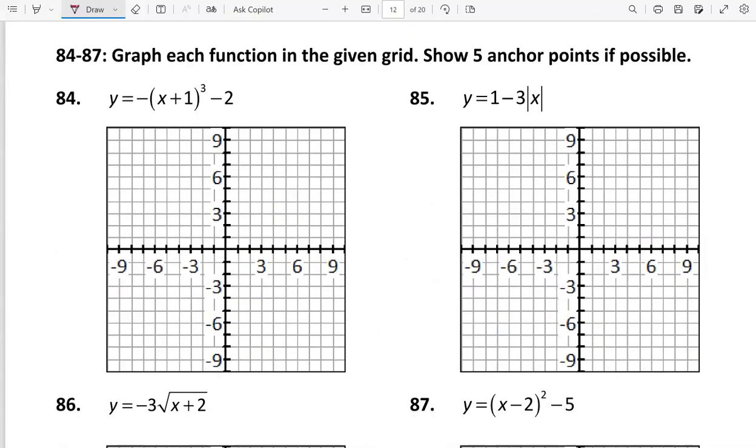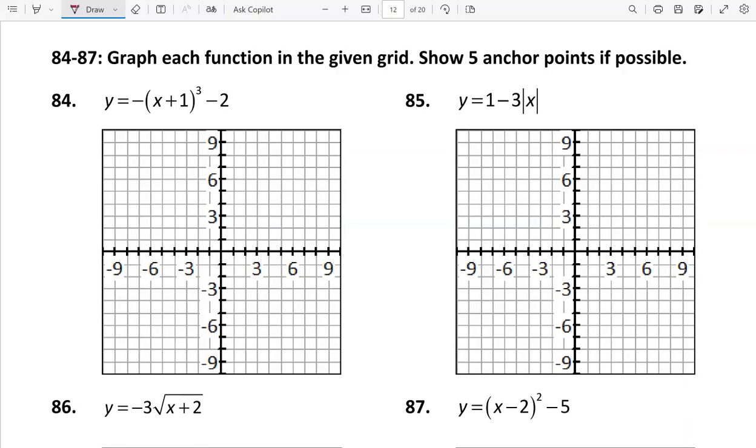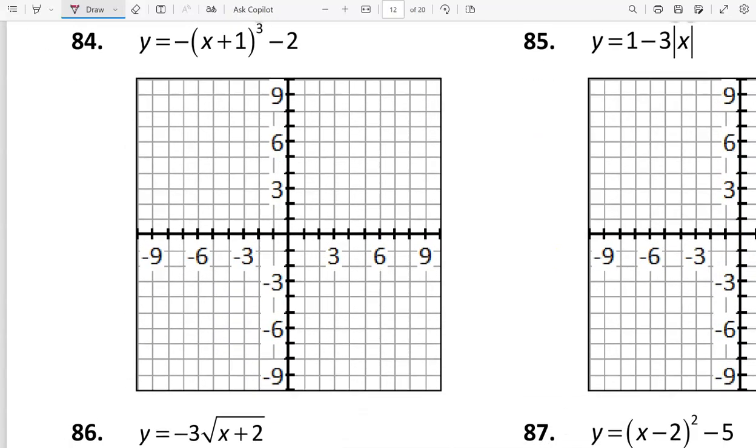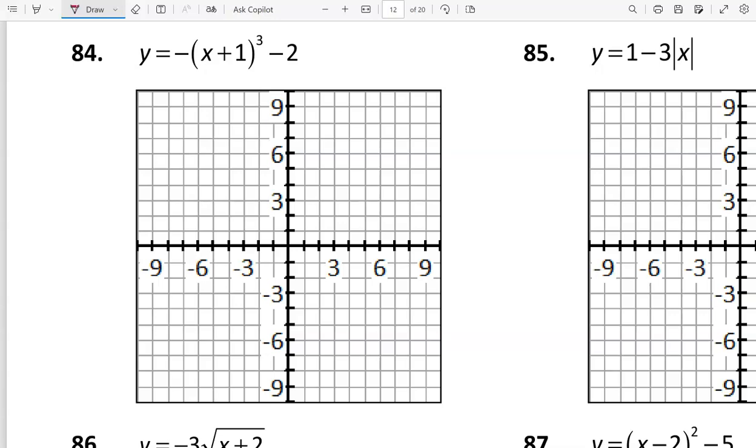In 84 through 87, we're graphing the function in the given grid, showing 5 anchor points if possible. You may use a table of values if you wish. What you can do here is many of you may choose to use the new origin. The new origin is reflective of what makes the inside of the function, or the inside of the cubing, equal to 0.